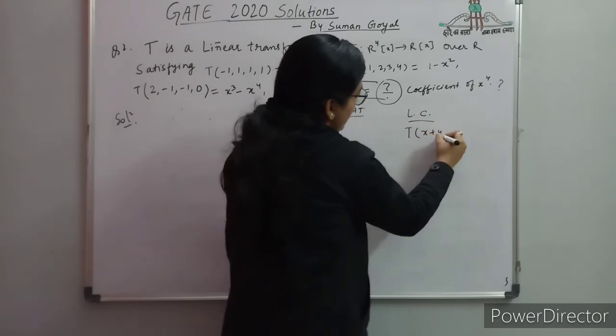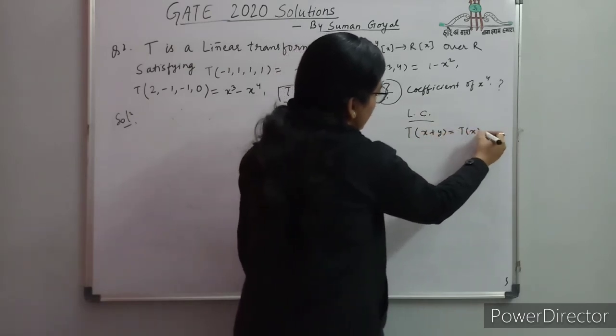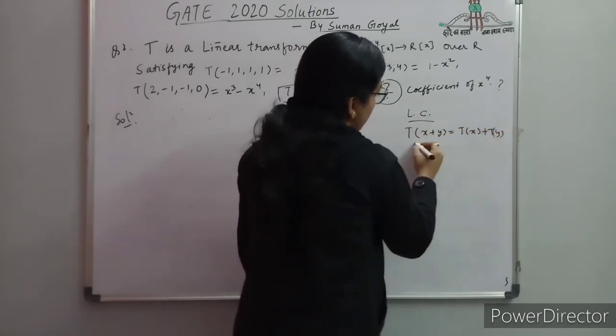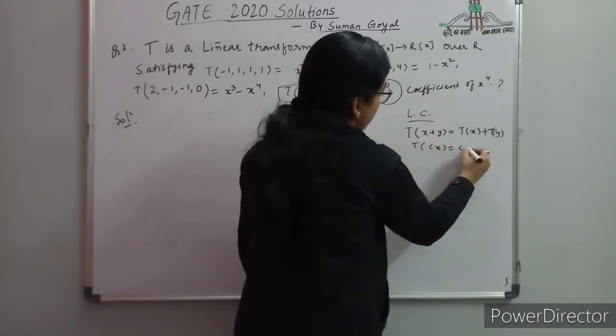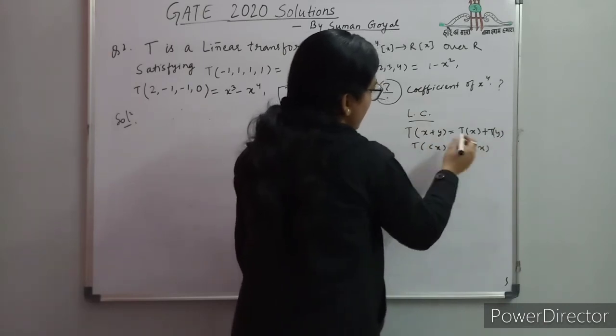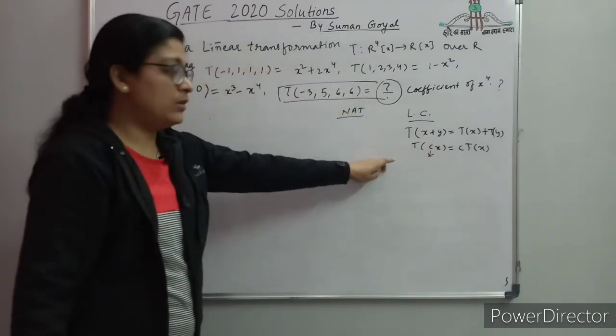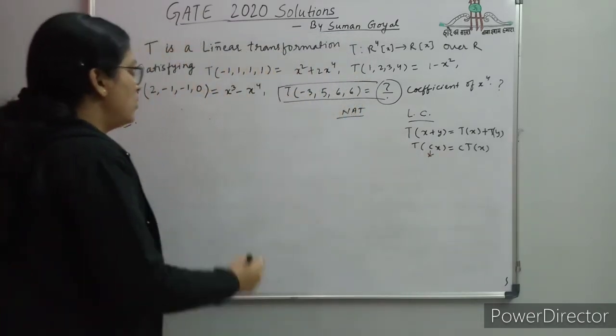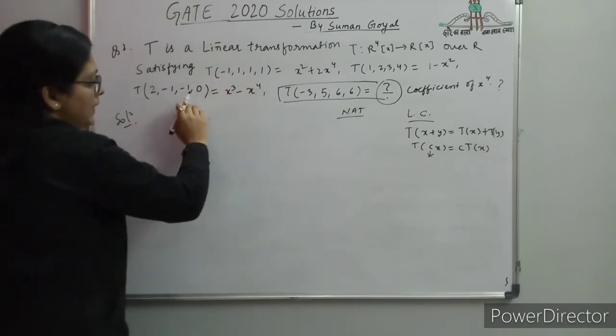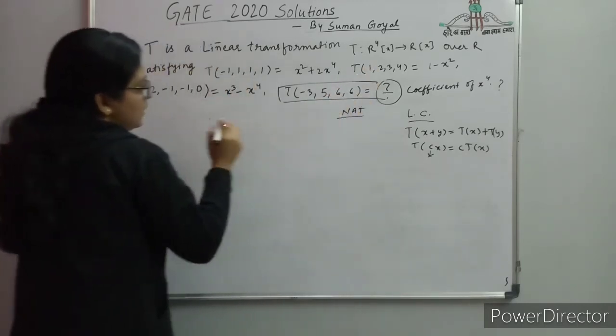What is the definition? According to the definition, T(x plus y) equals T(x) plus T(y), and T(cx) is equal to c T(x), where x and y are the vectors and c is the scalar of the field. This is from the definition. And now see here, these are linearly independent, so we can write in linear combination.